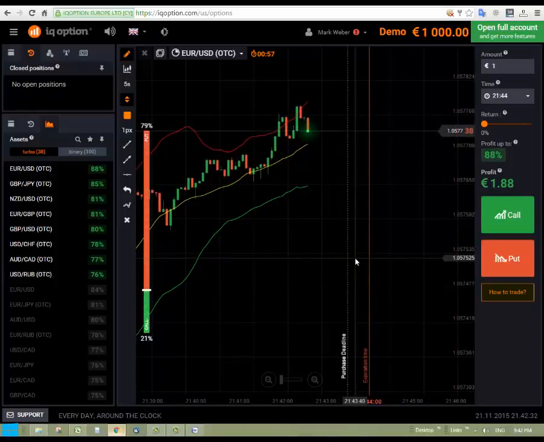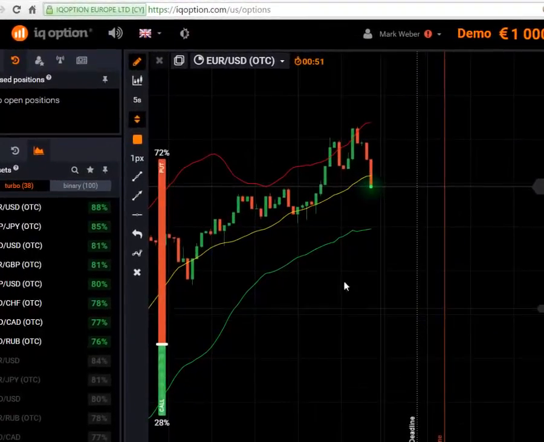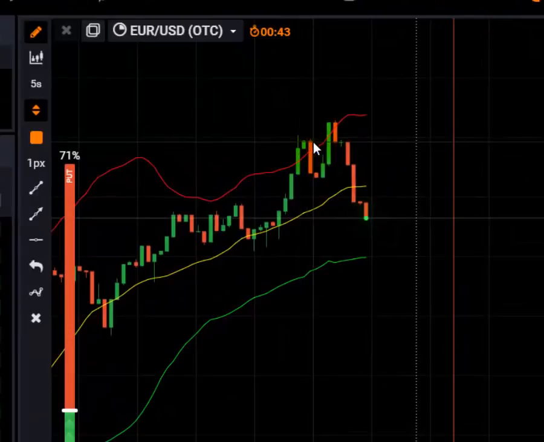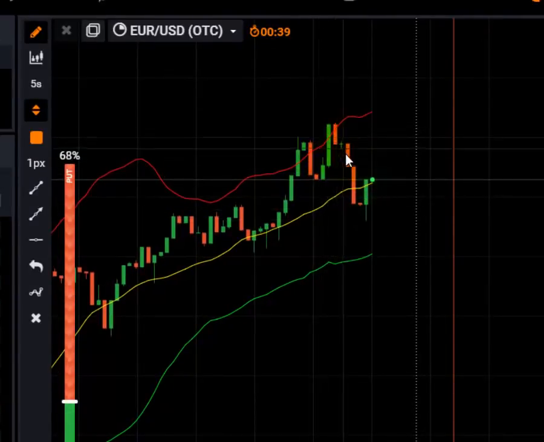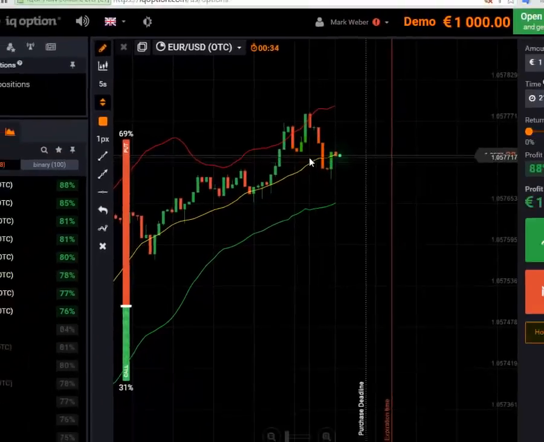One thing you should know about the Bollinger Band strategy is that price tends to return to the middle of the bands in this position. You can see it here. The price went up, and then a little bit down, then again up, and then went down into the middle position.